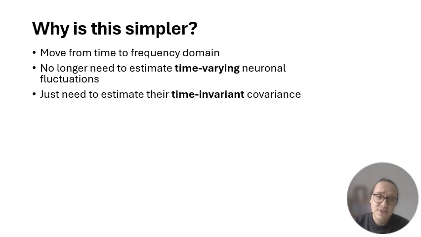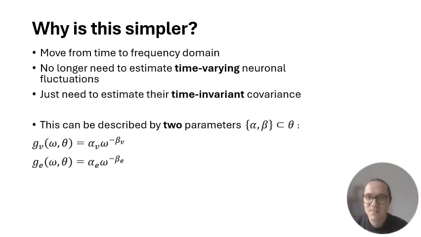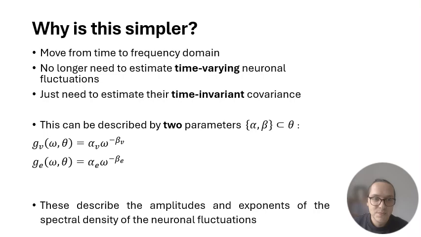Actually, you just need to estimate their time invariant covariance. And that's what you need to do to understand what's driving the system. This can actually be described by just two parameters, alpha and beta. And these are going to describe the amplitudes and exponents of the spectral density of these neuronal fluctuations, which are driving the system.